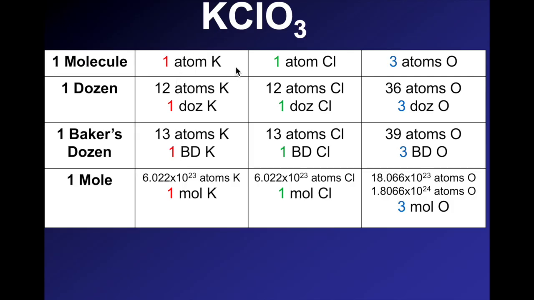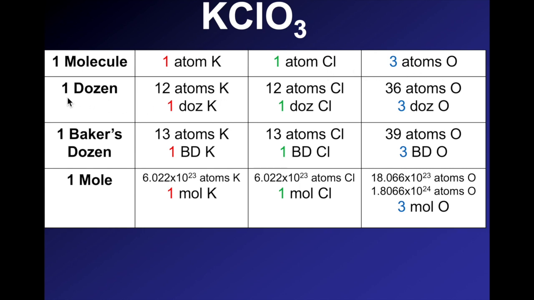Now, if you look at this next slide, again, we're looking at potassium chlorates, and I'm just abbreviating here. If I have a single molecule, I'm going to have 1 atom of potassium, 1 atom of chlorine, and 3 atoms of oxygen.